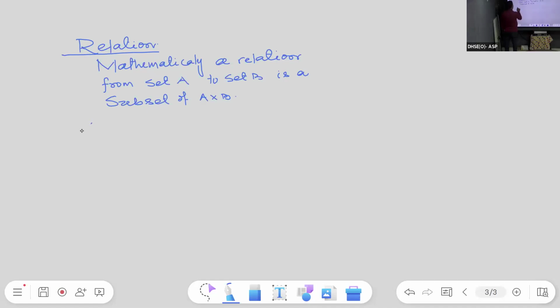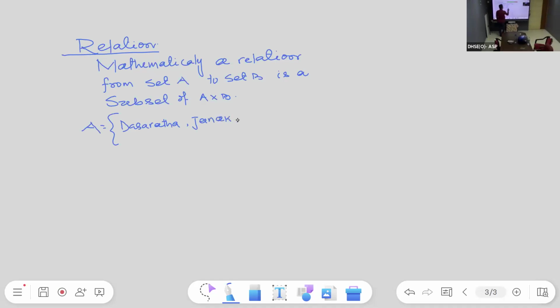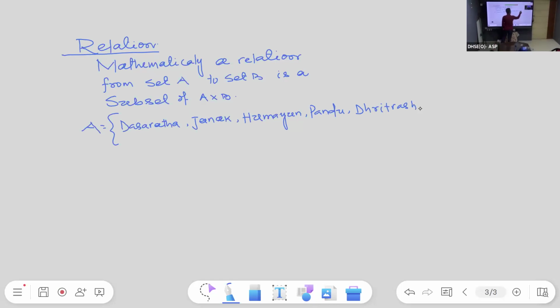Let A be the set containing some individuals: Dasharatha, Janak, Humayun, Pandu, and Dhritarashtra. Okay. And set B contains some individuals.